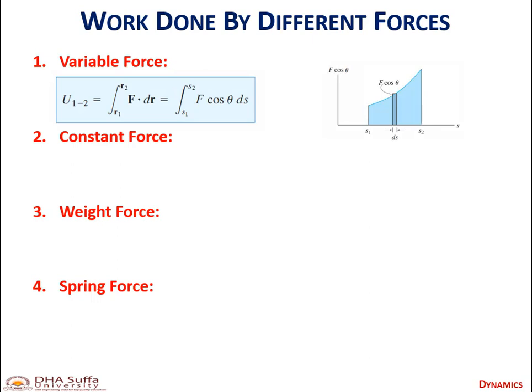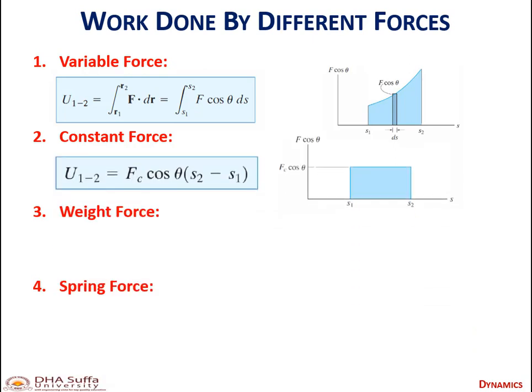Variable force: on the x-axis we have f cos theta, and on the y-axis we have s, which is the path being followed by the particle. We integrate f dot dr in the vector form where r1 and r2 are the limits, but in the scalar form we have f cos theta ds, where f cos theta should be a function of displacement, and we can apply s1 and s2, the initial and final positions of the particle, to calculate the work done between these two points.